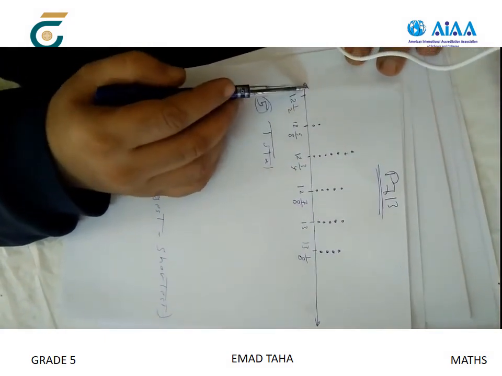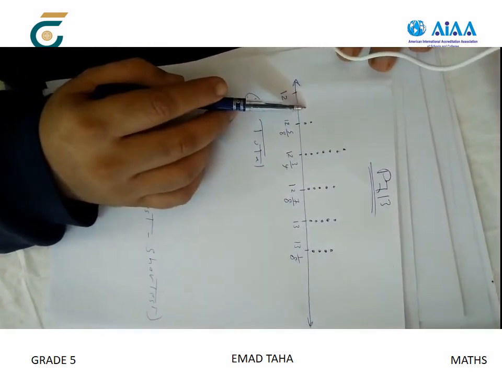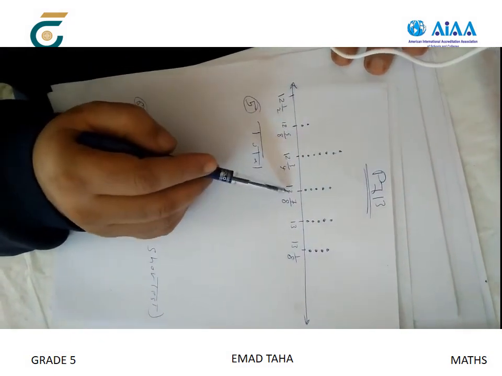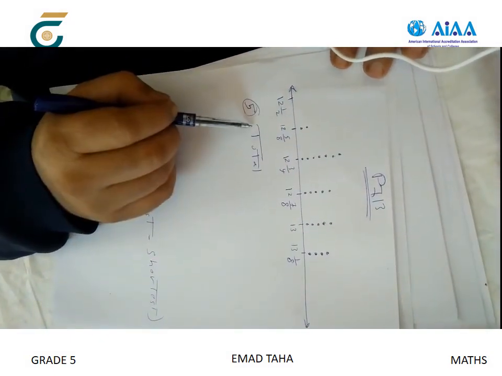Here he asks what is the total. The total, so we add all the numbers that have dots, okay?